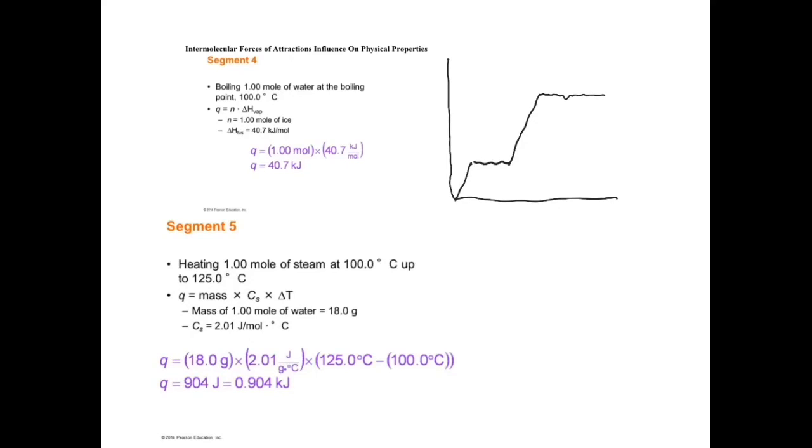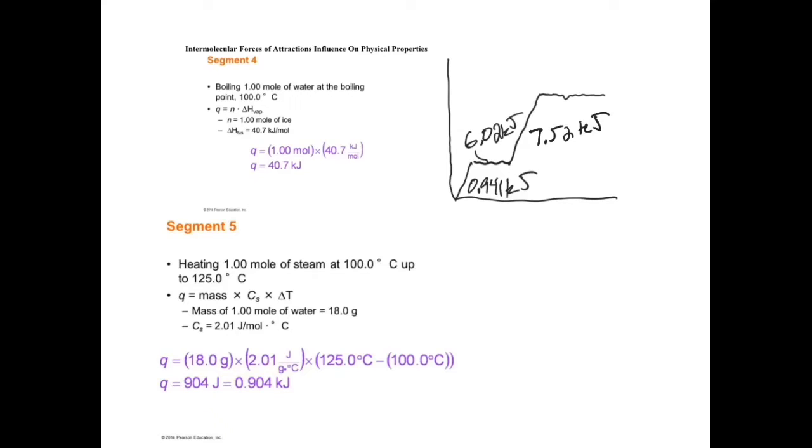And so this was 0.941. This was 6.02 kilojoules. This segment 3 was 7.52 kilojoules. Now we have to figure out what it is for 4.